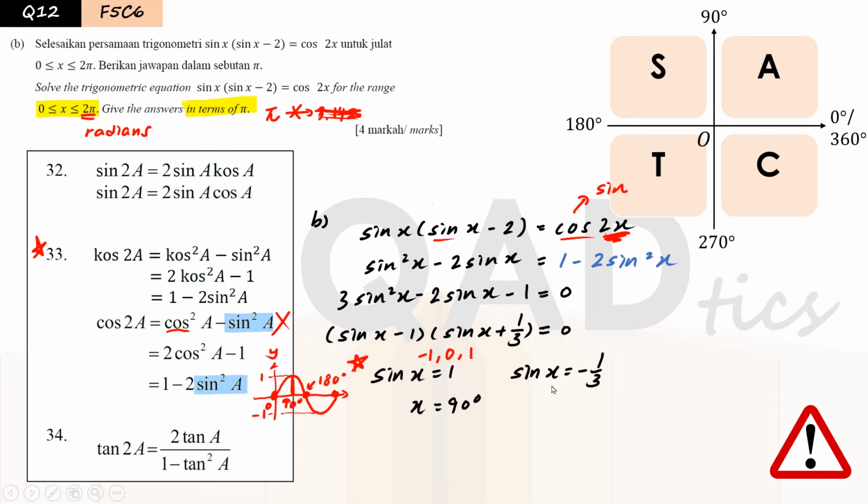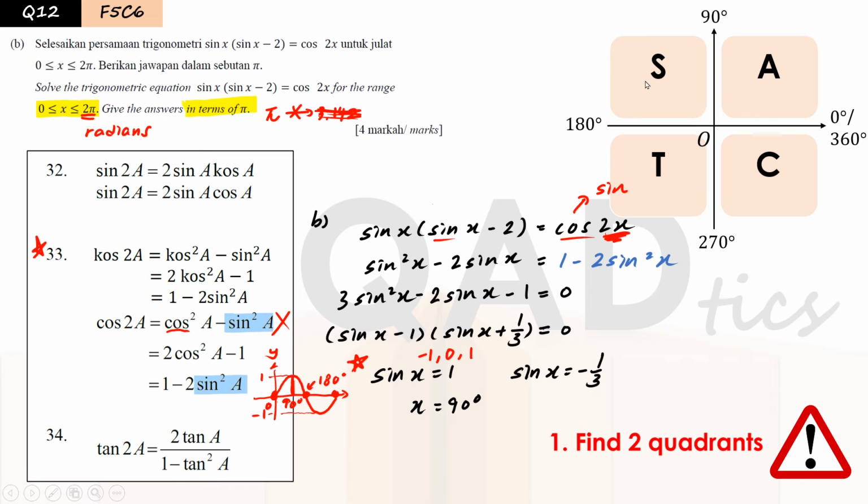According to this equation, where the sine value is a negative value, we need to see in this graph which quadrant is sine having a negative value. So A here stands for all, which means all of the functions here have positive values. So it includes sine, and sine is positive here, so this is not the quadrant that we want. So we can go to the next one.